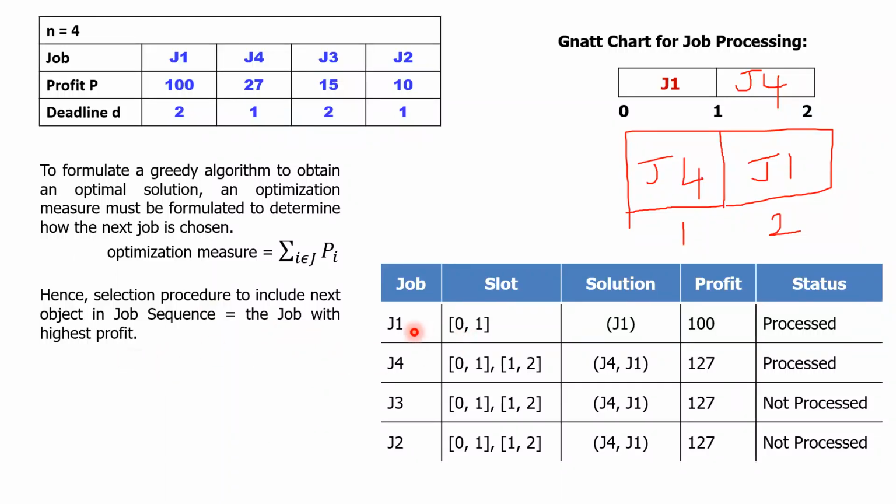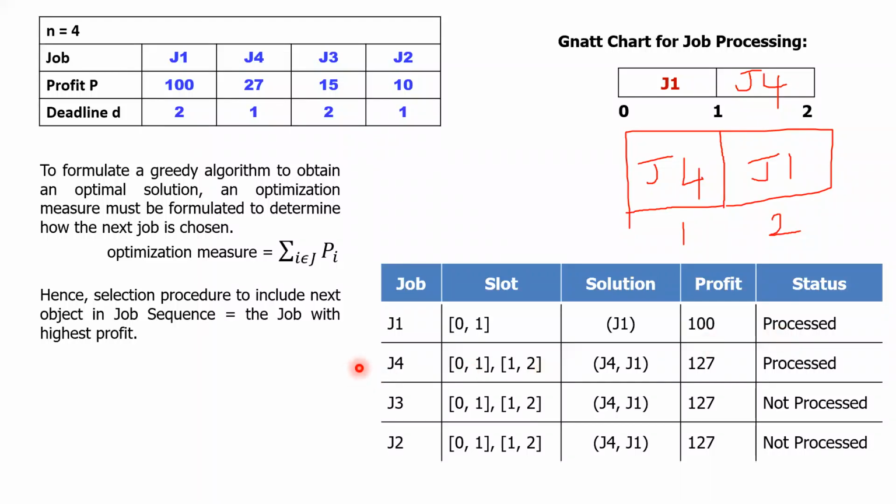So J1 will be selected. It will be scheduled to be completed in slot number 0 to 1. It is time unit 1. Till now, the solution vector consists of job 1, and the profit earned by executing job 1 will be 100, and the status of job 1's execution will be processed.